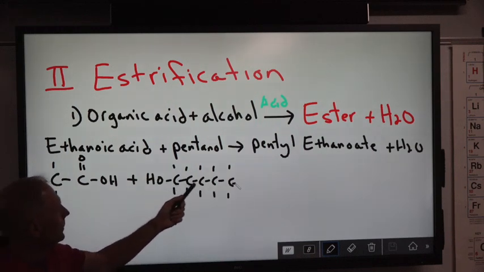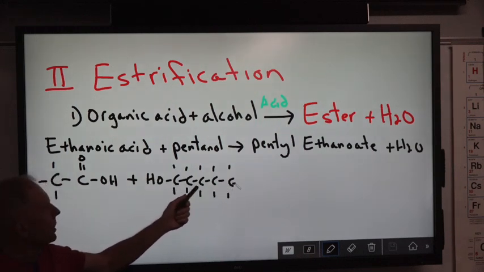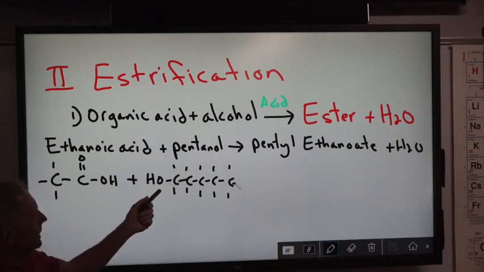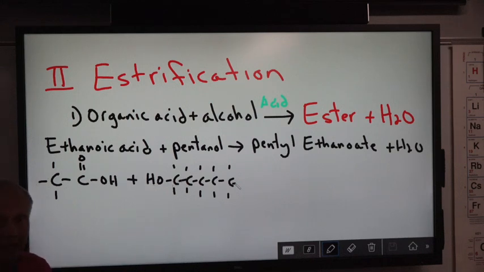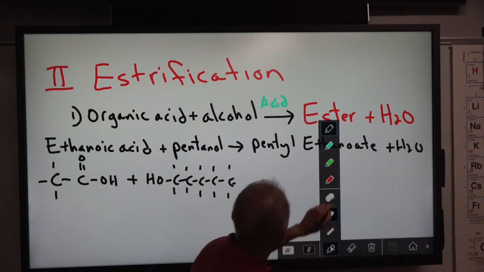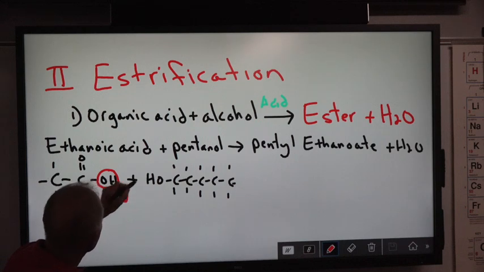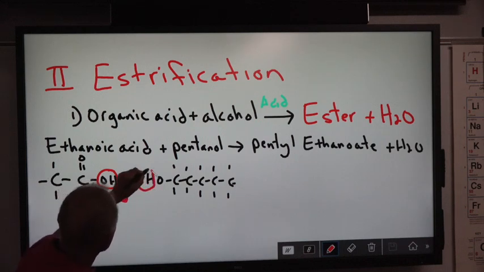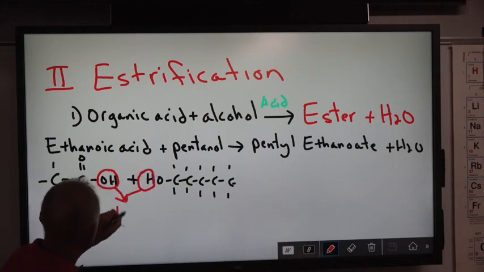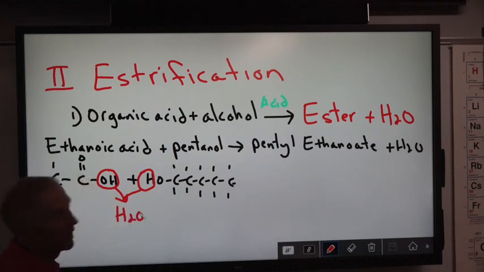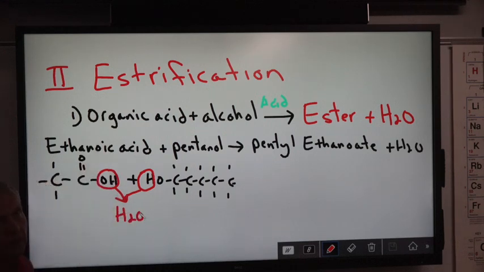So there's 1, 2, 3, 4, 5. So there's 5 carbons, pentanol, there's an OH there. Now, remember dehydration synthesis. So what we're going to do is we're going to take the OH from the acid and the H from the alcohol, and we're going to make H2O there. All right, so that's going to drop down.